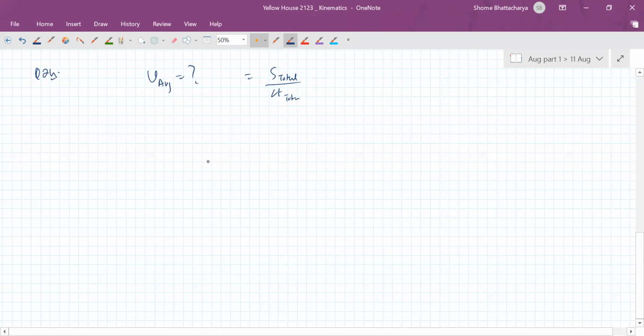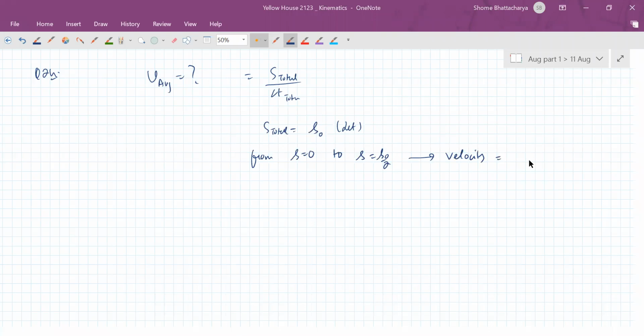Suppose the total displacement is equal to s. From s equal to 0 to s naught by 2, it is traveling with a velocity given to us as v naught.